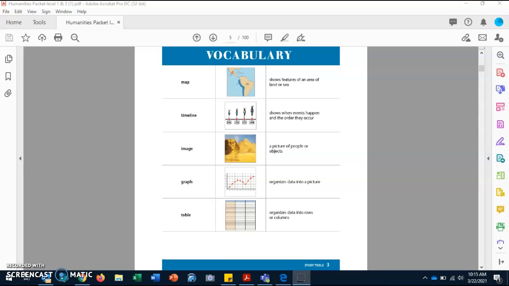So for today, boys, we are actually going to do Humanities. The week before spring break, we forgot to do our activity for Humanities. So today and tomorrow, Wednesday, we will be working on 2 lessons for Humanities. One today and one tomorrow.